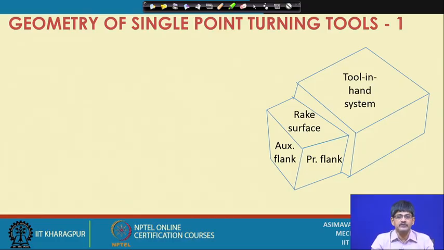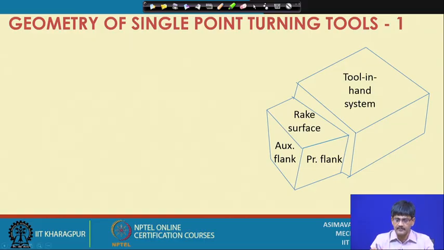So, if we take the tool in our hand and we move it this way, that way, there are some things which will not change. What are those? The rake surface will not change, the principal flank and the auxiliary flank are not going to change. What is going to change? Well, the angles which these planes make with the different directions, for example, the x, y, z directions, those are going to change. So, in the tool in hand system, these are fixed.